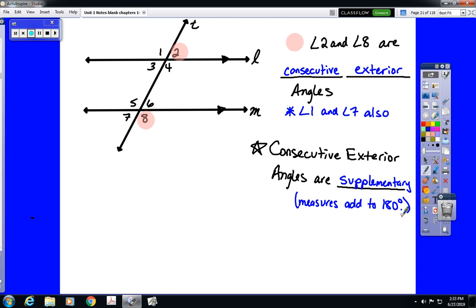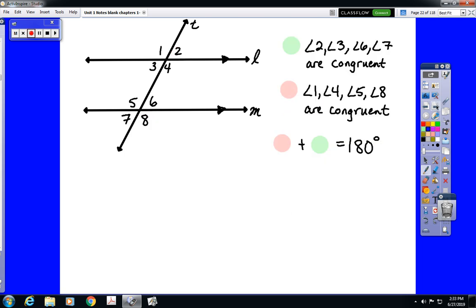So we have all these various terms: corresponding, vertical, consecutive interior, consecutive exterior, alternate interior, alternate exterior. But let's just simplify it. In this picture, we have basically two different angles. We have an acute angle: 2, 3, 6, and 7.